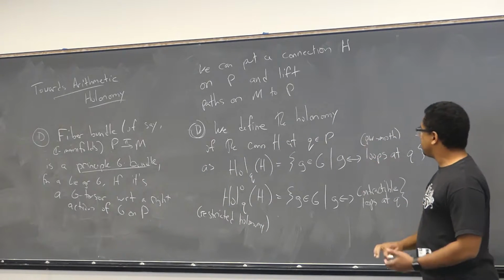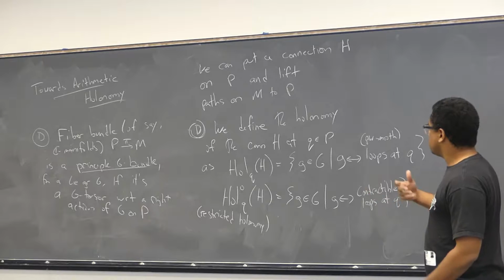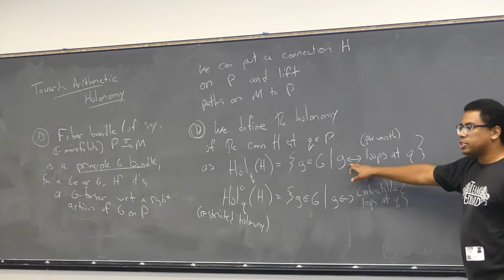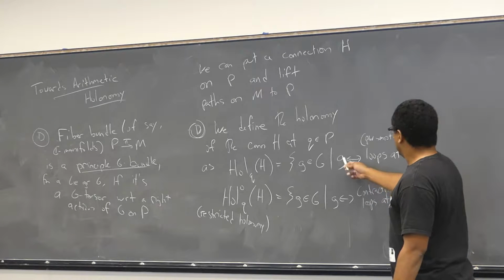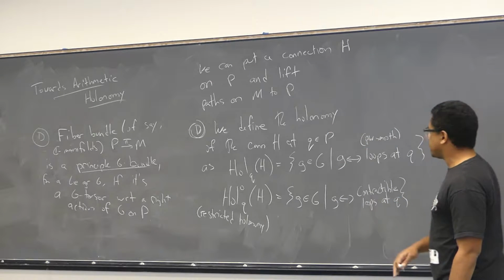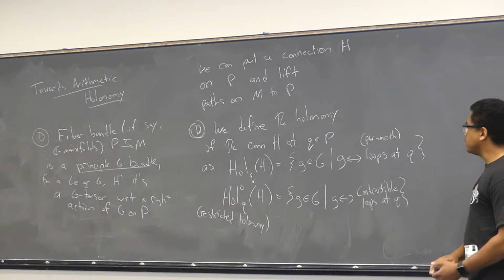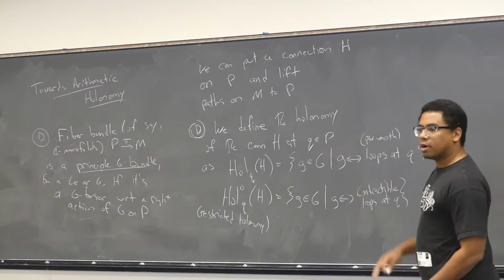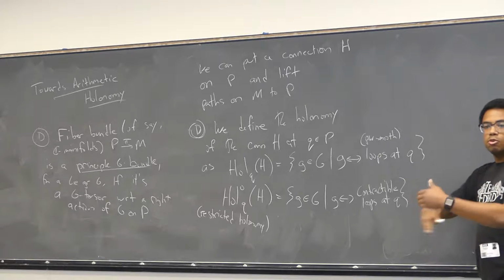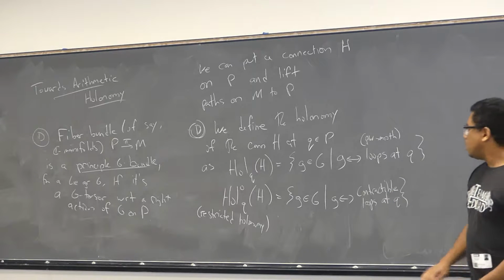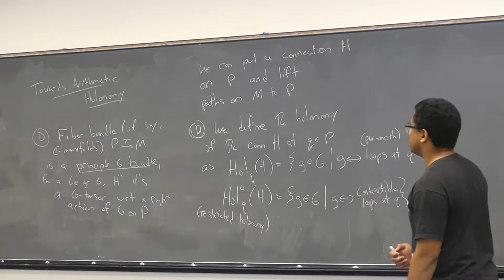So when we lift paths here, any of these loops corresponds to an action that preserves the fiber, and there's a correspondence between such loops and these actions, these automorphisms here, and the ones that correspond just to loops are elements of the holonomy, and the ones that correspond specifically to movement around contractible loops are elements of this restricted holonomy.